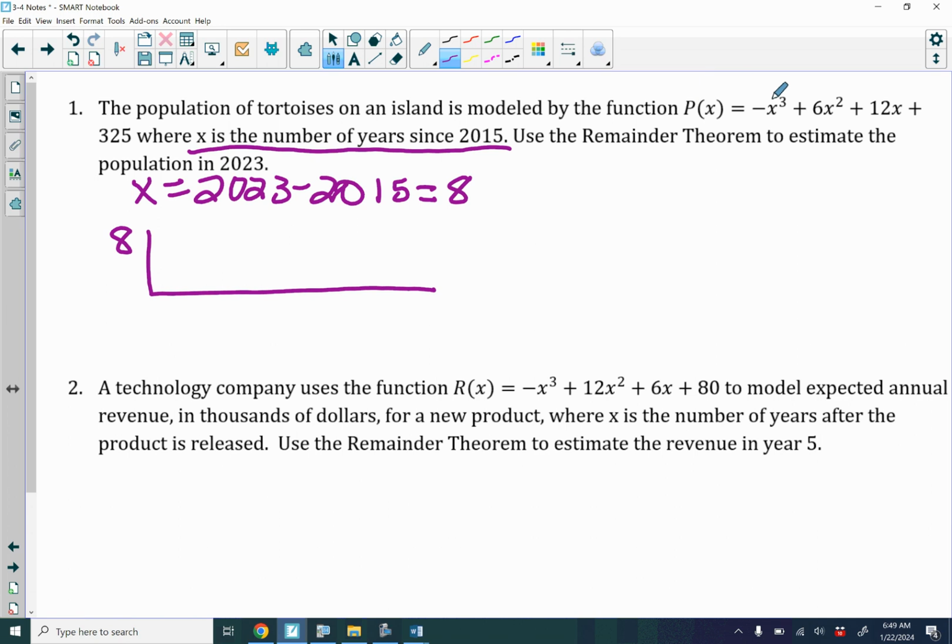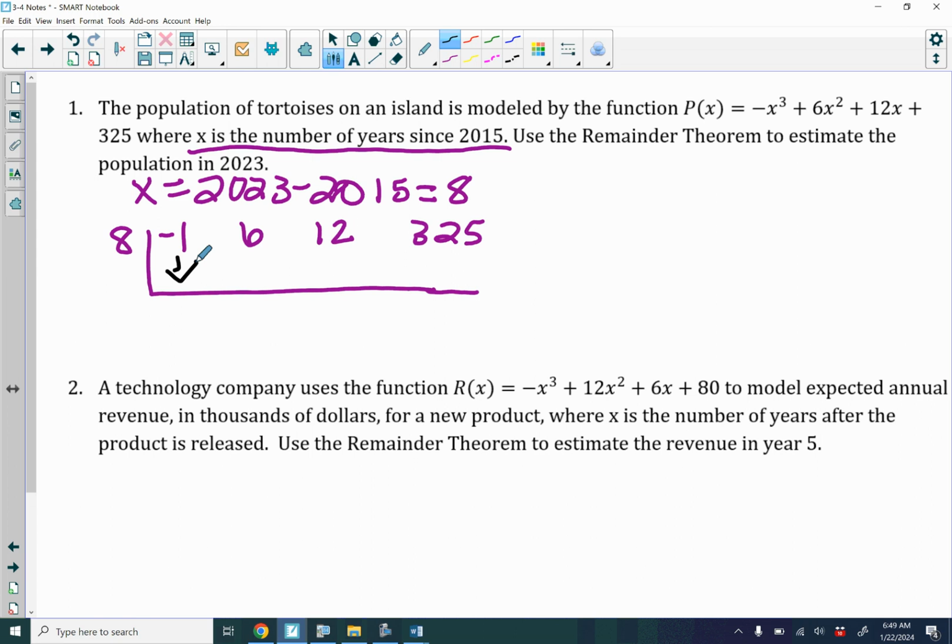Starting with x cubed, that is negative 1. Then x squared is a positive 6. Then the x term, 12. And lastly 325, our constant. Once again, we did not have any missing terms, so we did not need to use 0 as a placeholder.